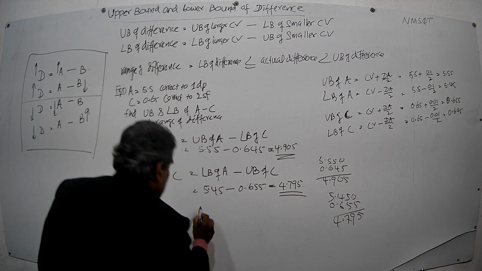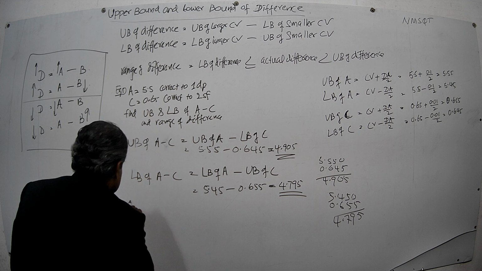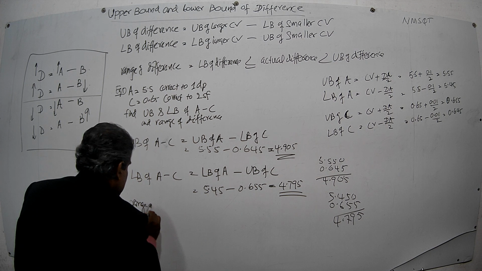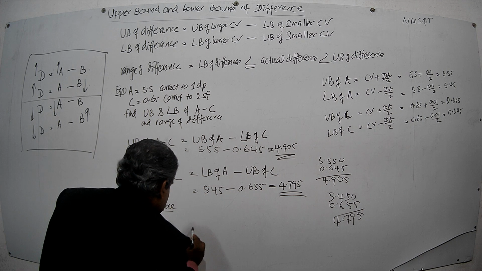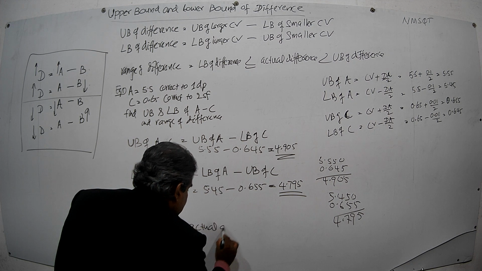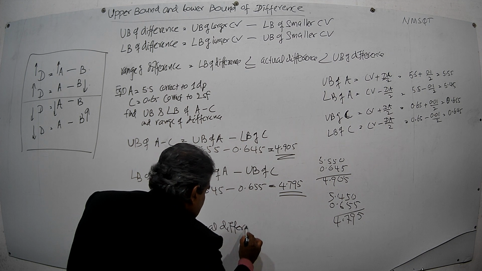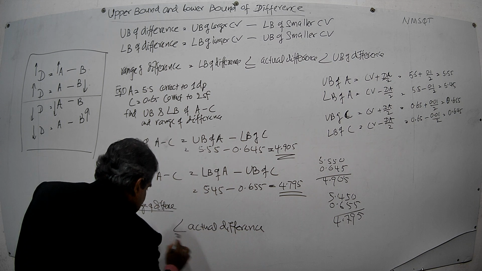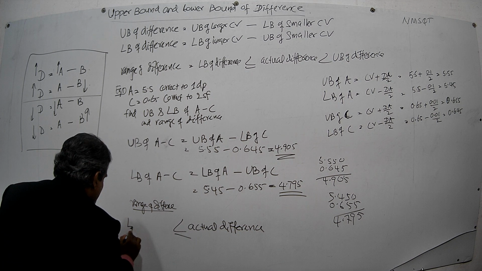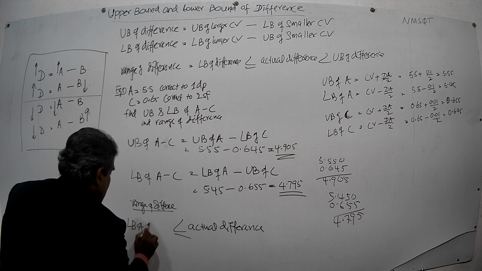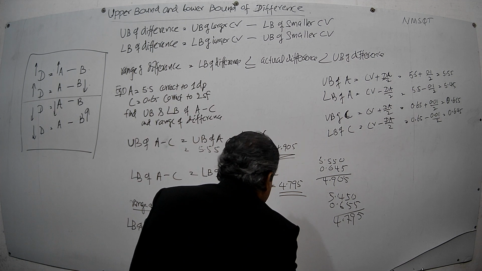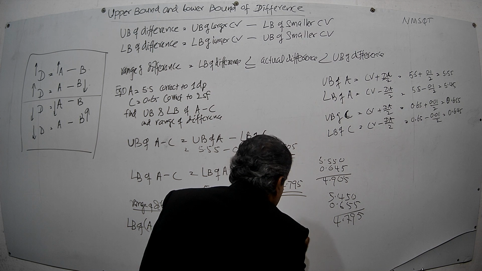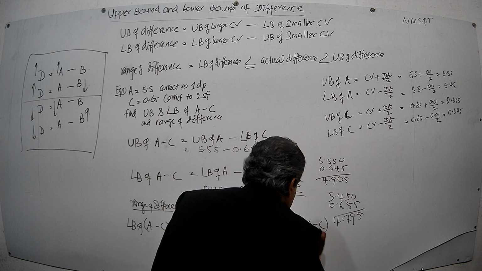Now we write the range. What is the range? Range of the difference here. Then you write: actual difference is greater than or equal to the lower bound of A minus C, and less than the upper bound of A minus C. Okay, right.